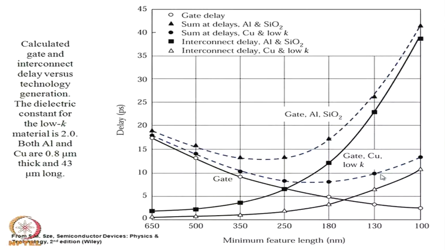Two interconnects we have seen: one is copper with low K, the open triangular shape, and this is the gate delay.